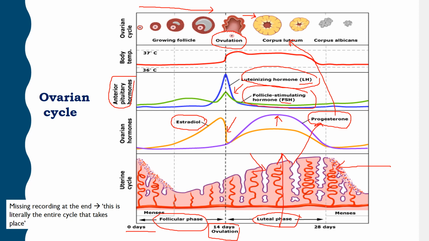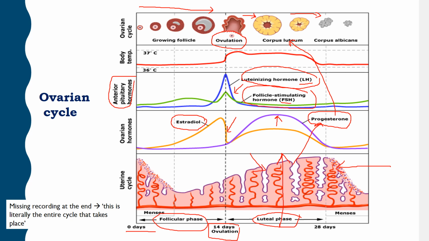That's why your corpus luteum hangs around for a while in your ovaries before it degenerates into your corpus albicans, because in case there is fertilization, the fertilized embryo needs to implant in the endometrial lining, and until the placenta of the embryo forms and takes over the role of maintaining the endometrial lining, the corpus luteum does that role for us.